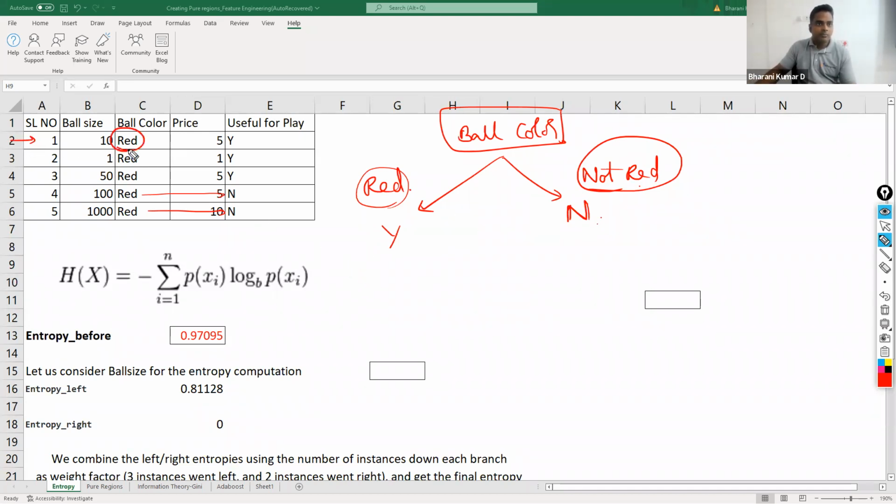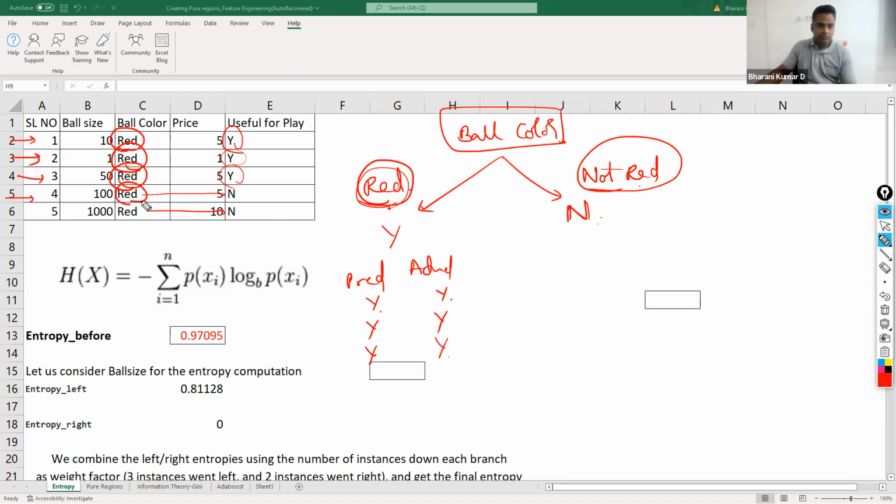Now you go ahead with the first entry. Is it red? Red is this side. So predicted value will be yes, actual value is also yes. Second entry, is it red color? Predicted value will say yes, actual value will say yes. Is this third entry red color? Yes, so the predicted value will be yes, actual value is also yes.